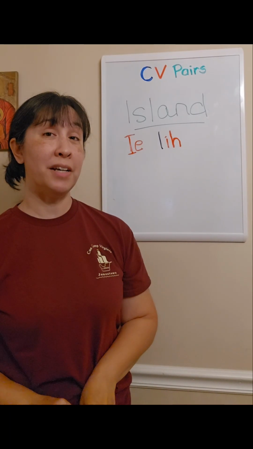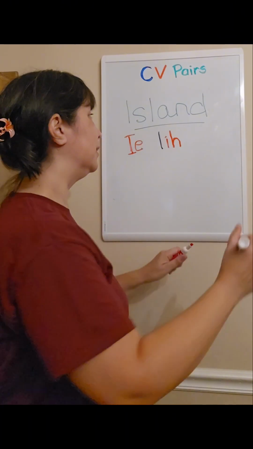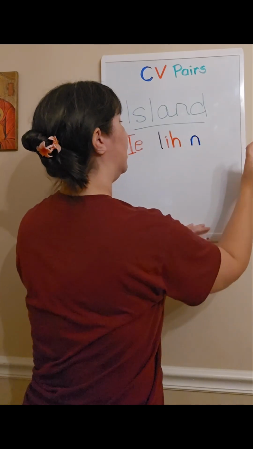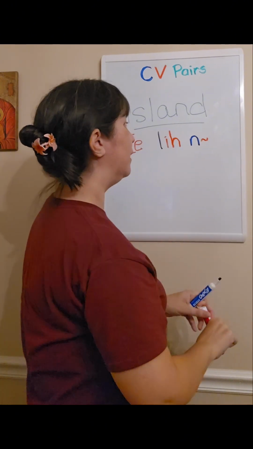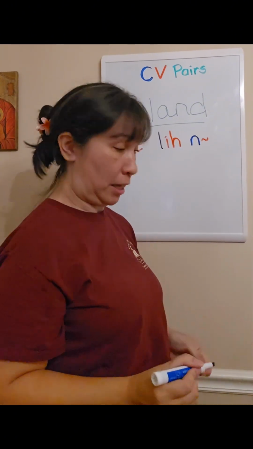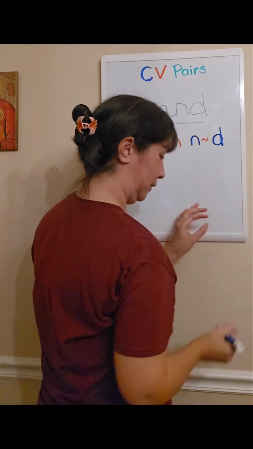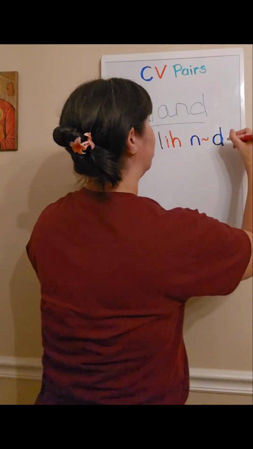The next sound I hear is an N, and it does not have a vowel after it. So it is an N alone. I'm going to put a not sign. And then I hear a D alone. So I'm going to put a duh and a not sign.